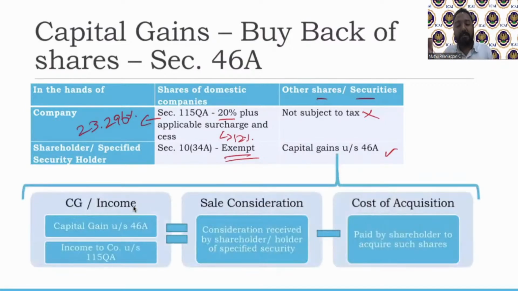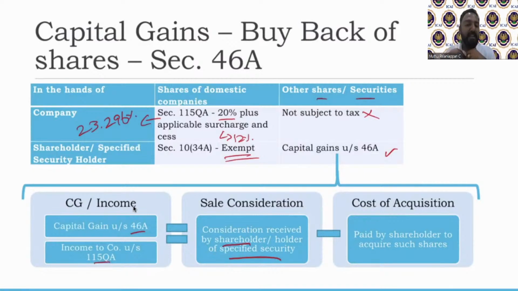So it could be a capital gain under section 46A or an income under section 115QA. How do you compute it? The capital gain shall be sale consideration minus cost of acquisition. Any capital gain is that simple. What is sale consideration here? It is the consideration received by the shareholder or the holder of that specified security.